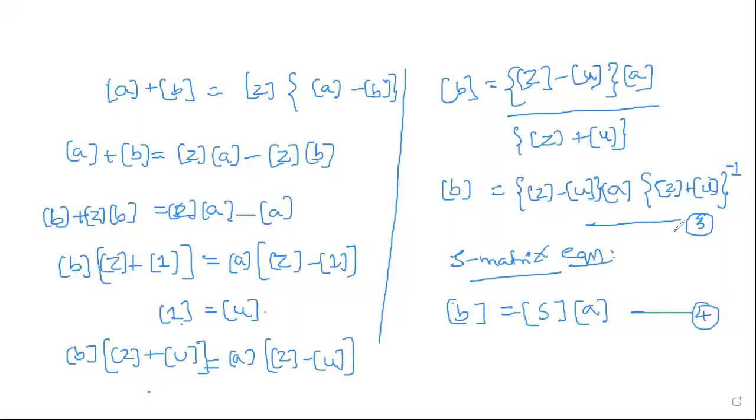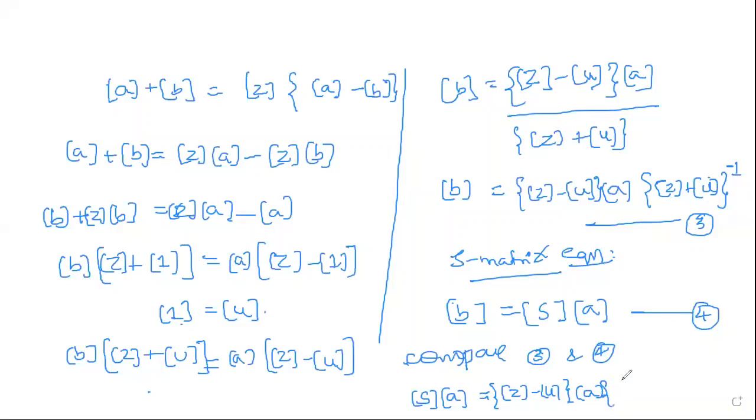Now compare these two equations. If you compare 3 and 4, both the equations, I can write this as matrix S into matrix A, which is also equal to matrix Z minus matrix U into matrix A, again matrix Z plus matrix U inverse. So here A matrix and A matrix will get cancelled.